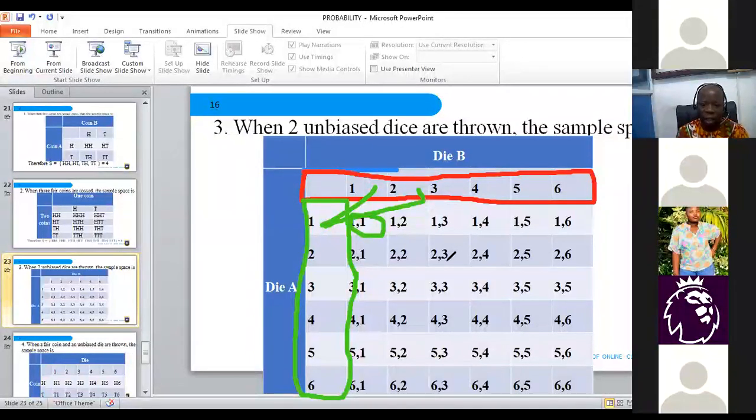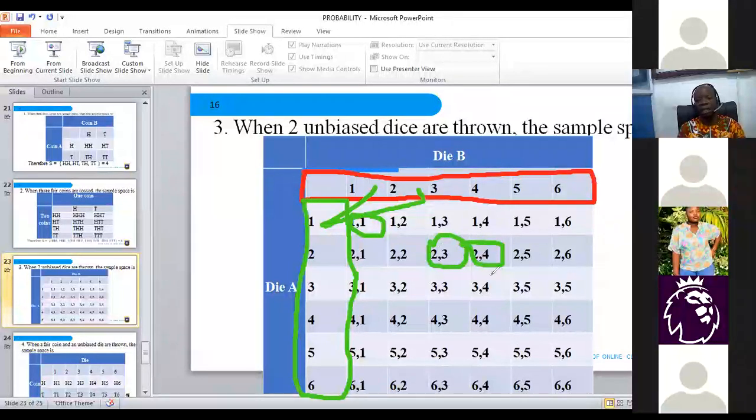That means die A will turn 2, and then die B will turn 3. 2, 4 means that die A will turn 2 and die B will turn 4. That is what it means. So you will do it till you finish.